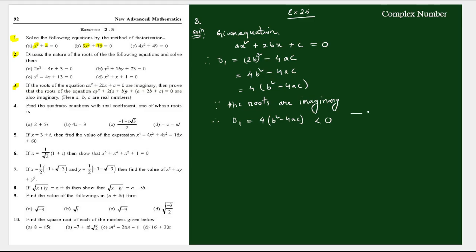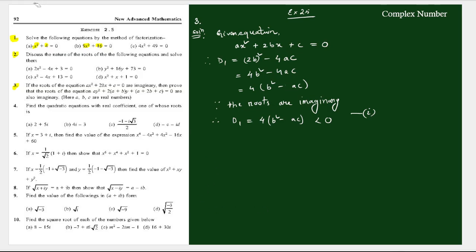So we have taken 4 common, b square minus ac, only ac.